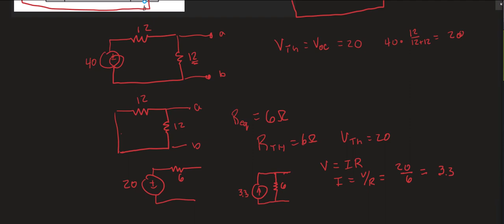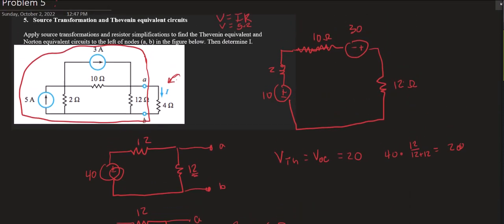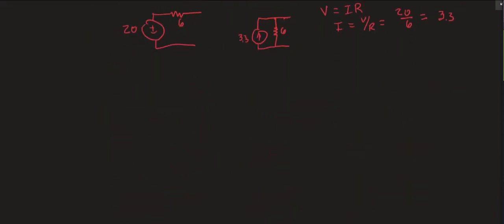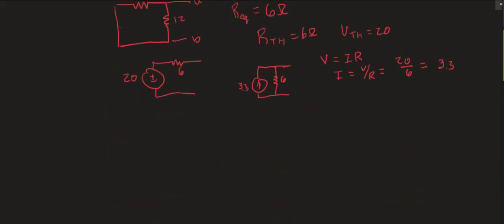And we are supposed to use one of those to determine I. So if we go back and look at our original picture, we can now say that I is going through a 4 ohm resistor to the right of A and B. So we can just use this simplified circuit.